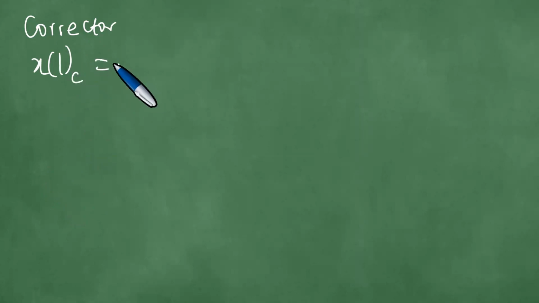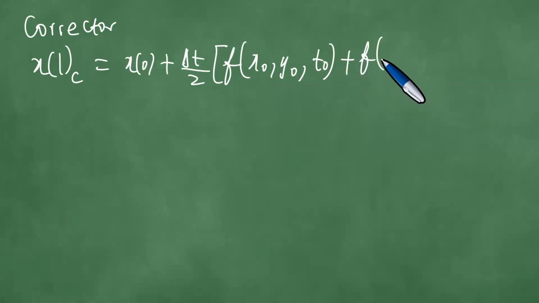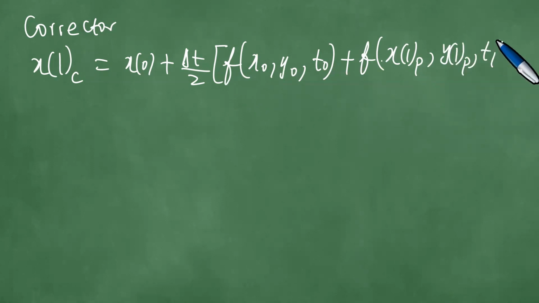So this one is x0 plus delta t over 2, times f of x0, y0, t0, plus f of x1 p, y1 p, t1, like this.